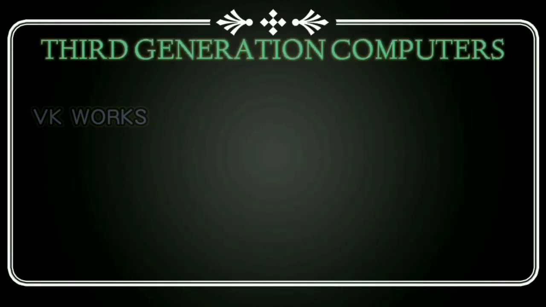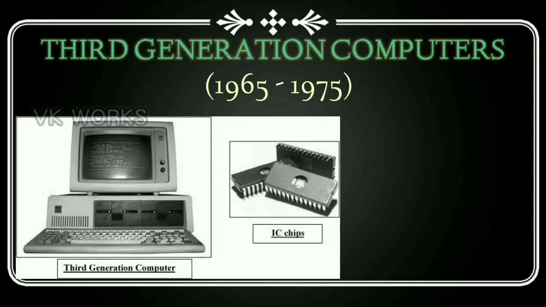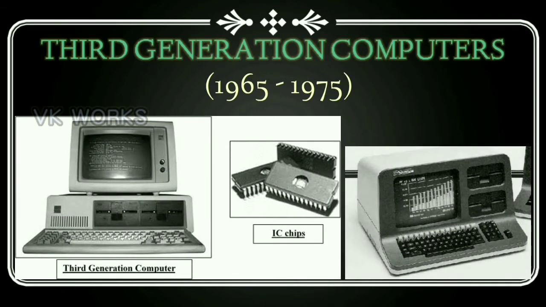Third generation computers. The period 1965 to 1975 is roughly considered the period of third generation computers. They were developed using integrated circuit technology. The third generation has advantages over the first and second generations: smaller size, takes less time, consumes less power and generates less heat, maintenance cost is low, and it is easy for commercial use.